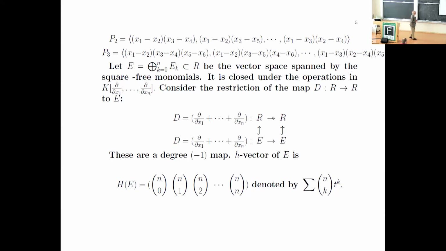And D is a surjective map from R to R. But when it is restricted, it is not necessarily surjective. At an early stage, when the degrees are small, it's injective, and at later stages, it is surjective. And the Hilbert function of E is certainly this sequence. It's a Hilbert series of a complete intersection.